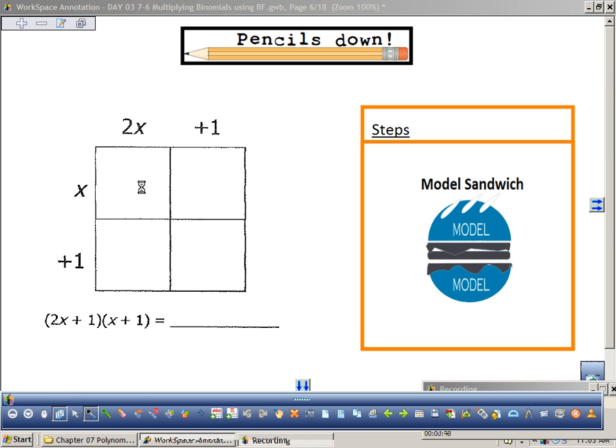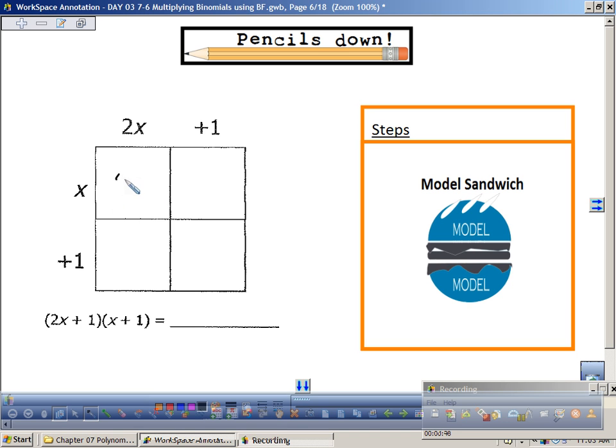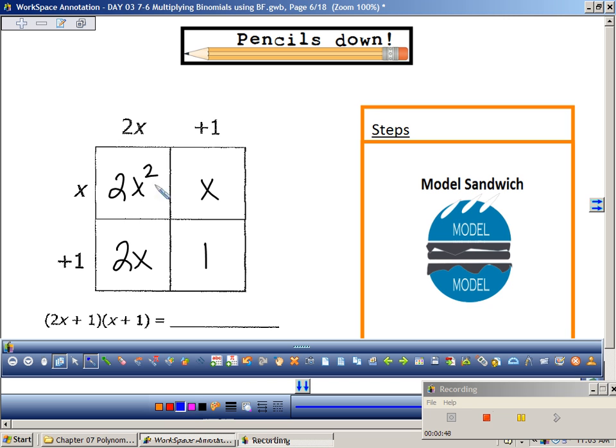All right, so the next one, I'm going to do a nice clean model for you. X times 2x is 2x squared. X times 1 is x. 1 times 2x is 2x. 1 times 1 is positive 1. I've got 2x squared. That one's all by itself.